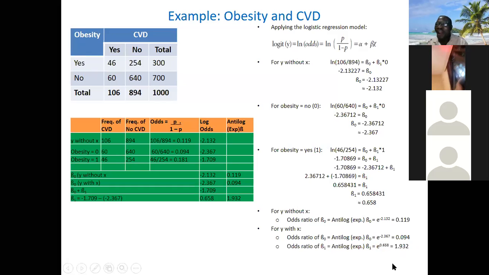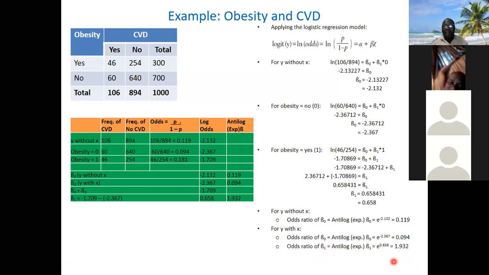Let's just consider this beta 1, for people that have obesity. The anti-log, 1.93, is telling you the odds ratio.